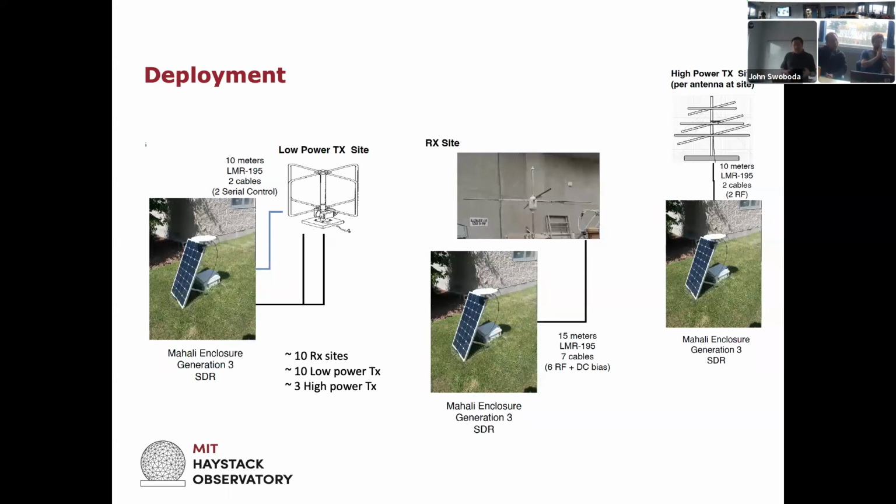Mahali was a program to do low-cost GPS receivers in an enclosure that could deal with things like the Alaskan winter. So we're leaning on experience from former projects to put this all together. So that's our crazy idea for looking at the eclipse.